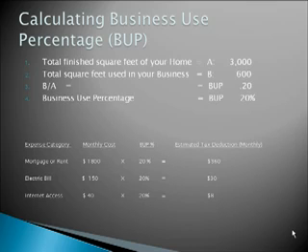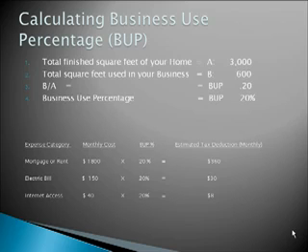Number one, we're going to look at the total finished square footage of your home, and the example I have here is 3,000 square feet. And the total square feet that you actually use for your business, whether it's just another room in your house or basement or a spare bedroom, let's say that particular room is 600 square feet. You're going to take B, which is your square feet for your business, and divide it by A, which is your total home.